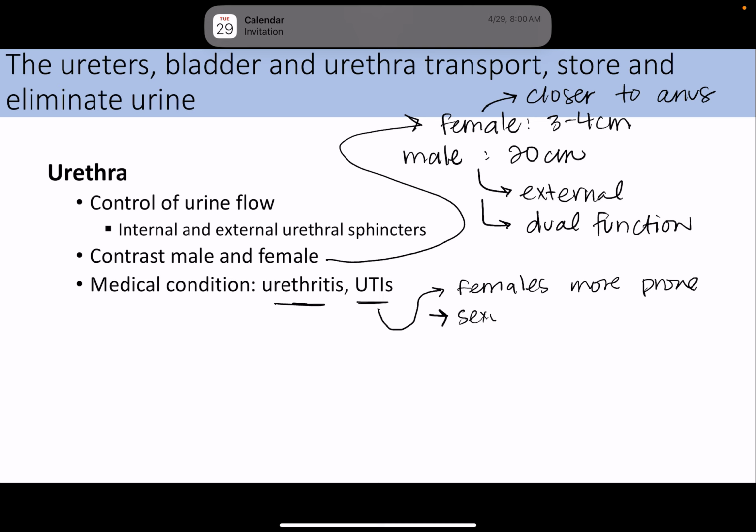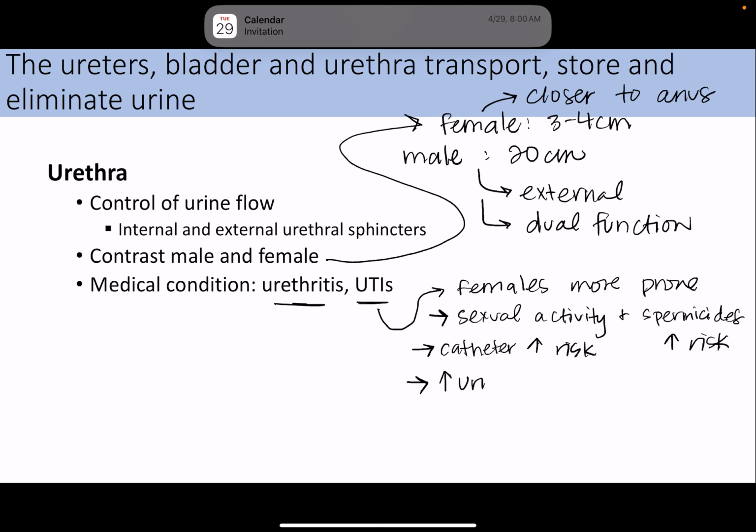Sexual activity and the use of spermicides increase risk of UTIs. Catheter use also increases your risk of a UTI. If you have a UTI, you're going to have increased urinary frequency.